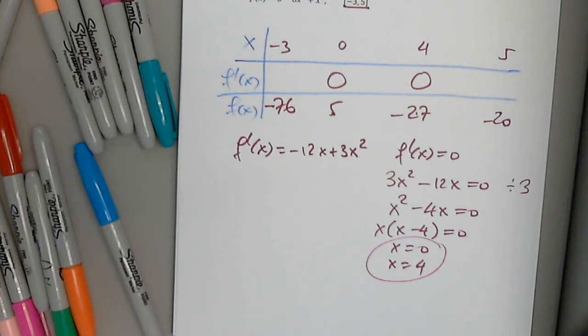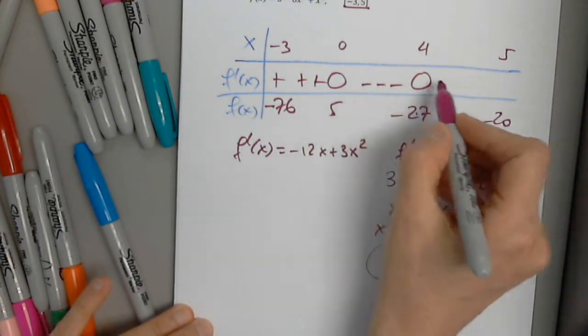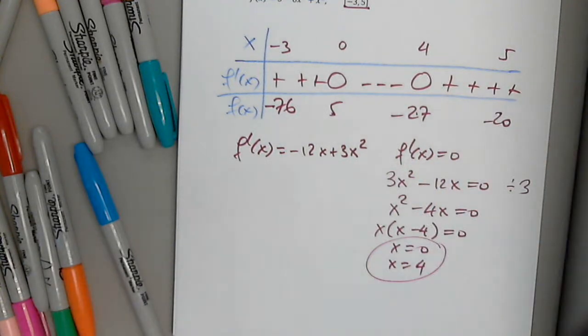This is a quadratic function with a positive leading coefficient. Does it look like this, or like this? It opens up, and it crosses at 0 and 4. Obviously, it's negative between 0 and 4 and positive outside. I don't have to plug in numbers. It would be a waste of time. It opens up and has two x-intercepts, one at 0 and one at 4.